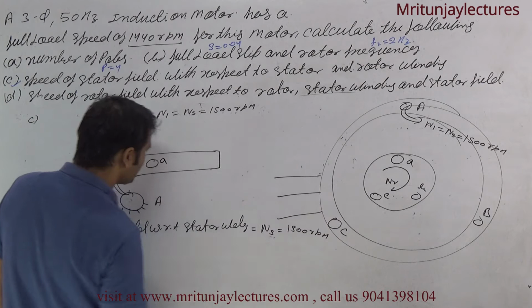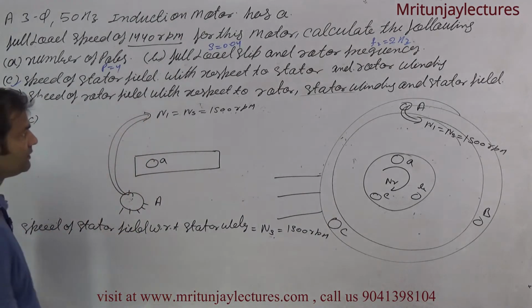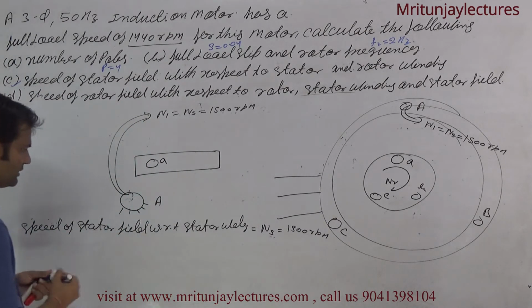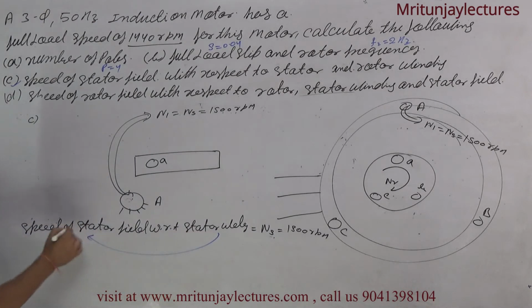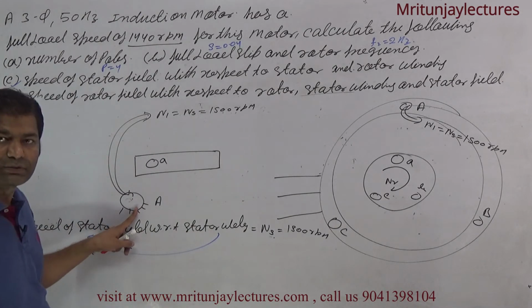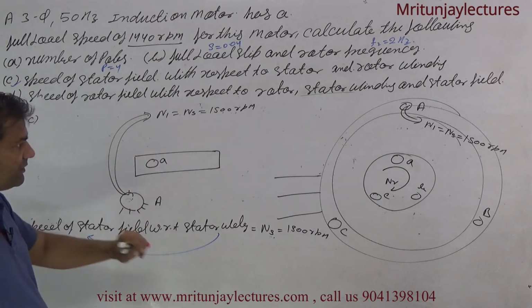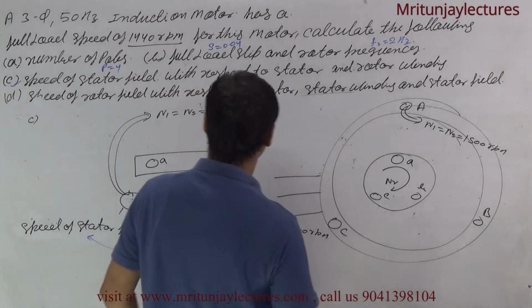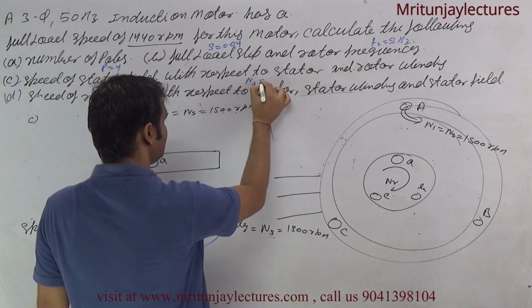Clear? That is Ns. It means you sit on the stator winding and see the stator field, you are sitting on the stator winding and seeing the stator field, that is 1500 rpm. That's why this one is Ns, equal to 1500 rpm.